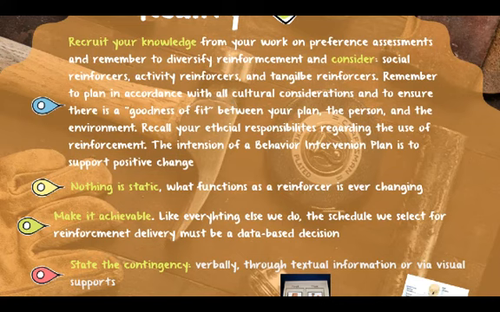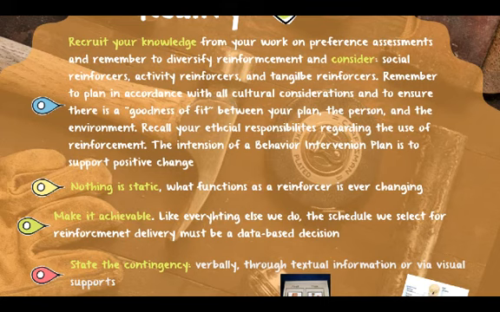The next thing I want to point out about the interventions that I'll be describing and talking about today is that we're always making things achievable. So like everything else we do, the schedule of reinforcement that we select and how we plan on delivering reinforcement must be based on data that we've collected about the individual. So we're making data-based decisions.